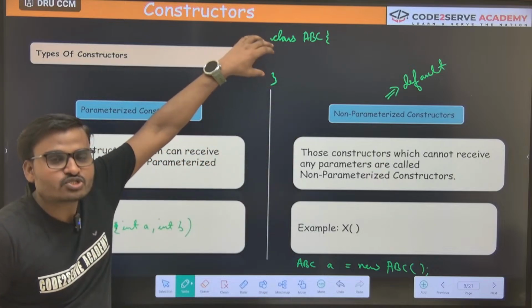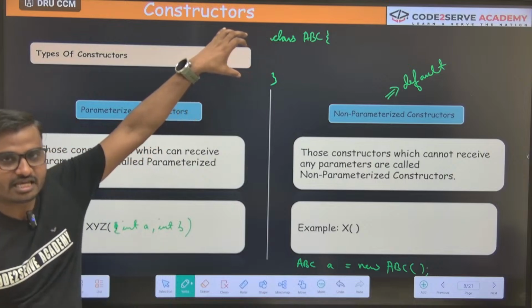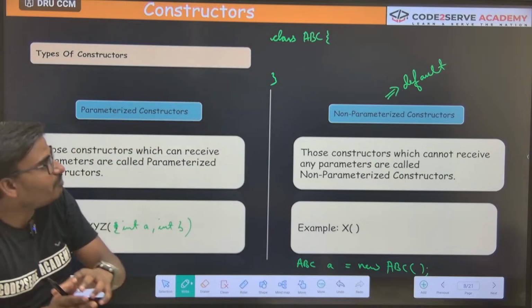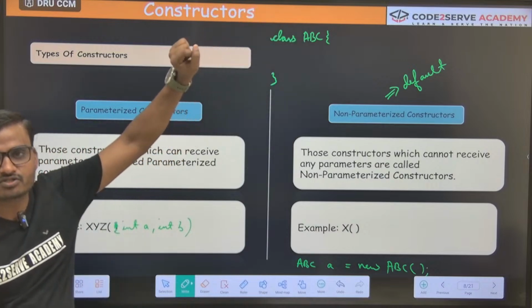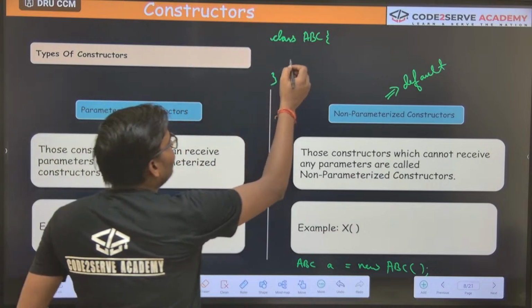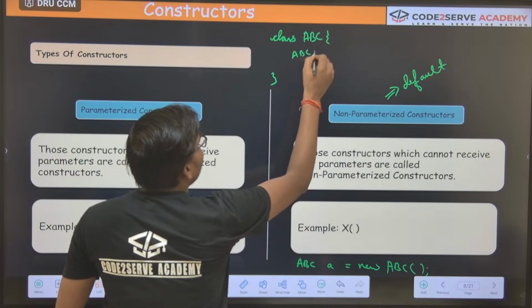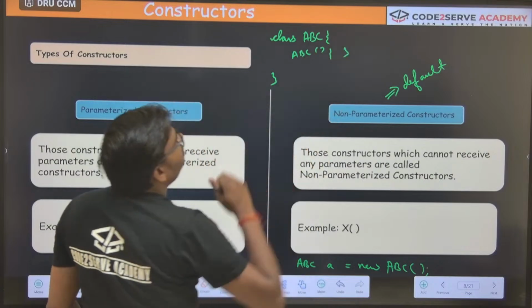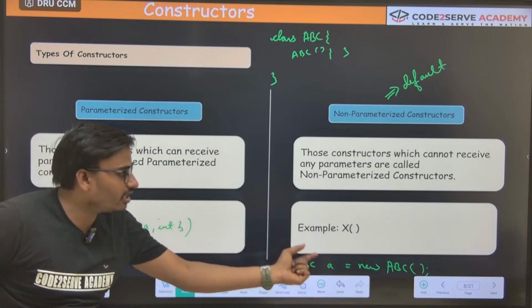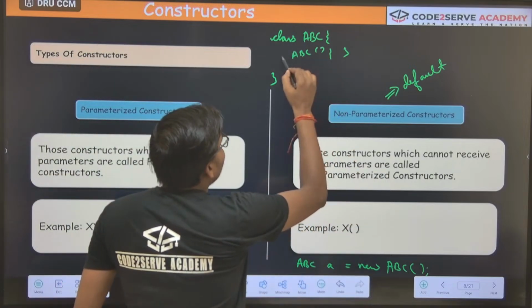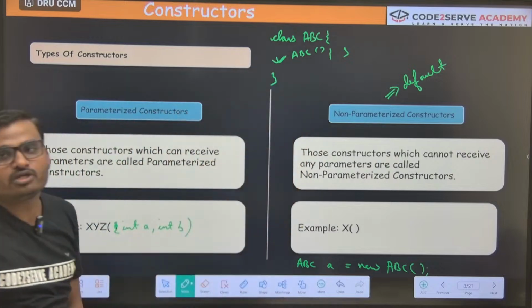Even though the default constructor is not present in this case, the compiler will supply a default constructor. That means the compiler will do something like this. And whenever this object is created, it is going to call this part. It is going to execute this part.